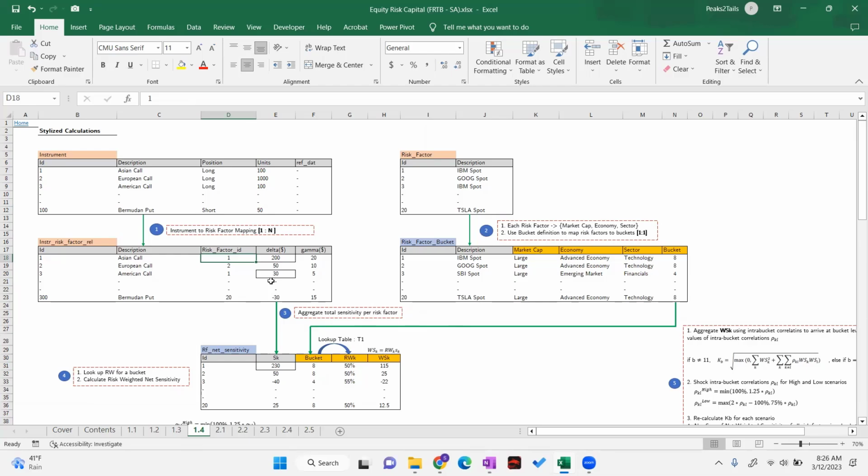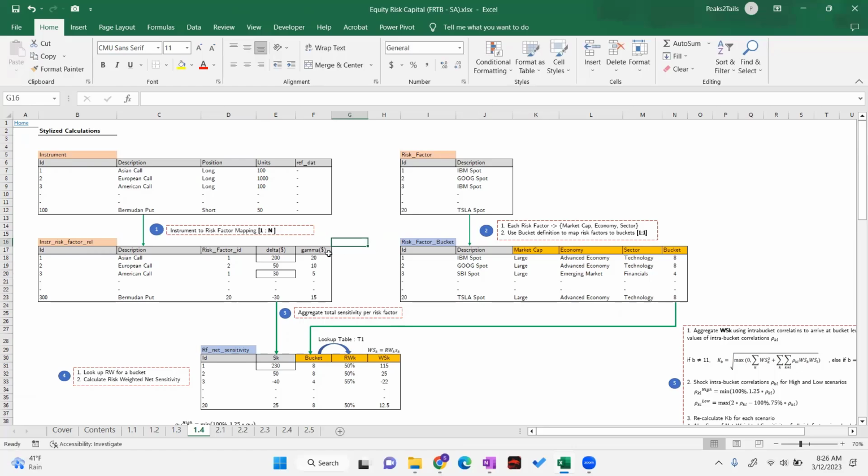So far, so good. Any questions till this point? Clear on this? Okay. So in this table, we map the instrument with the risk factor. The mapping is 1 to many, 1 to n, because one instrument can map to multiple risk factors.